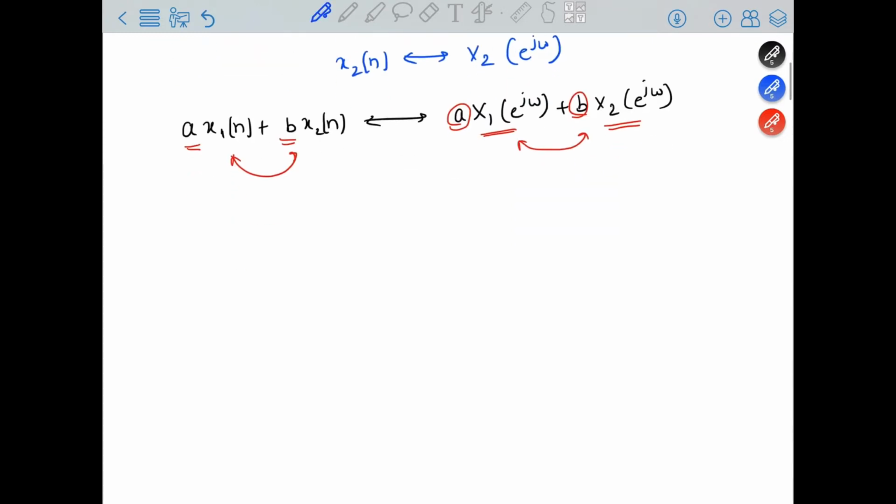Now we'll discuss the next property, which is time shifting. As we have already discussed, it means that we are either advancing or delaying the signal in the time domain. Suppose we have a Fourier transform pair x[n] and X of e raised to the power j omega.